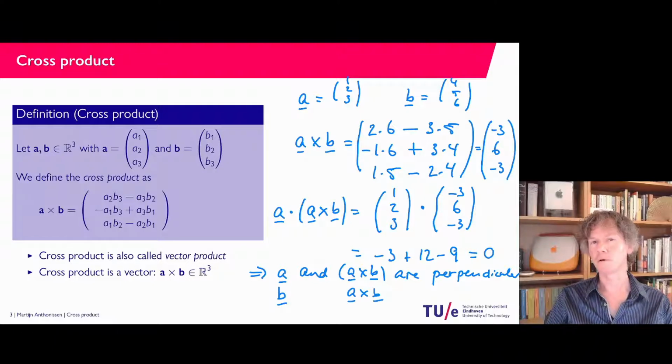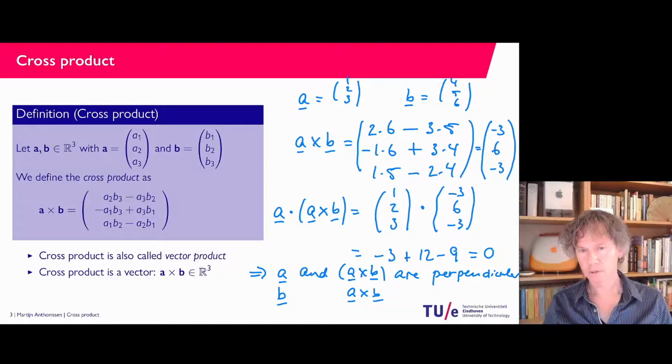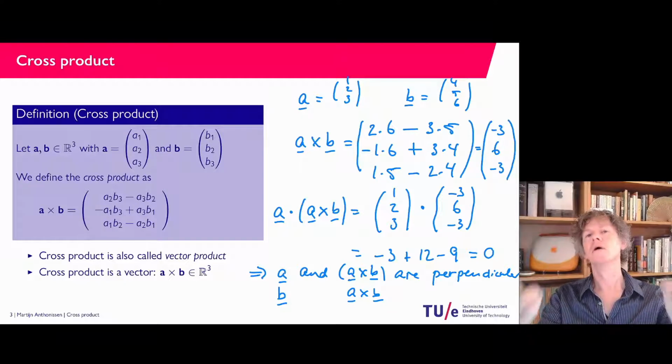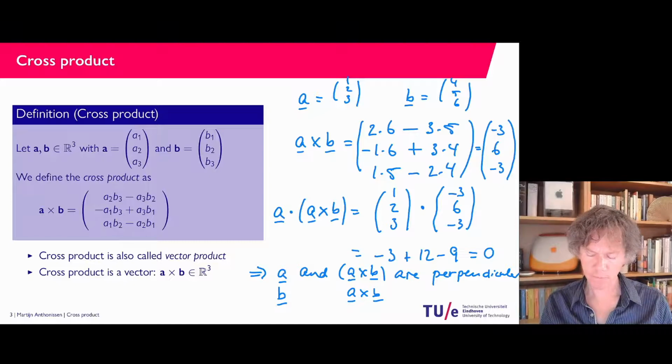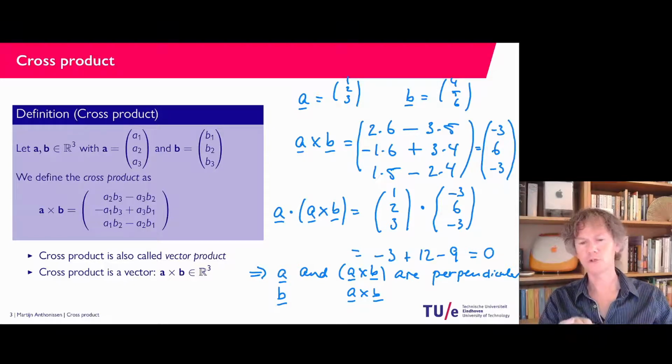So apparently what this cross product arranges is, if you take two vectors A and B and compute their cross product, A cross B, then you find a vector that is perpendicular to both A and B. So if you think a little bit about what that means, we are in space.